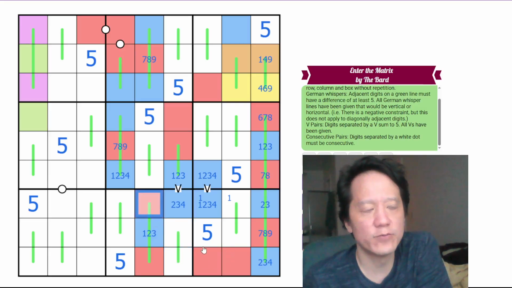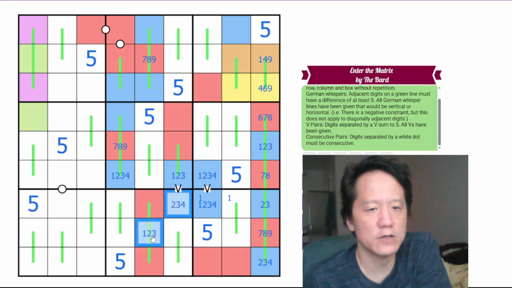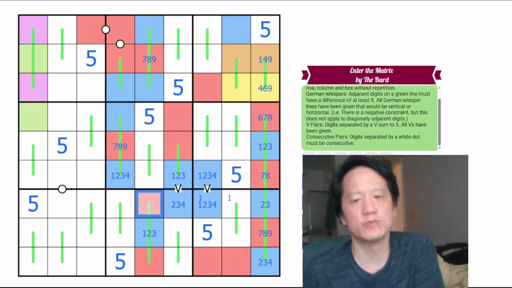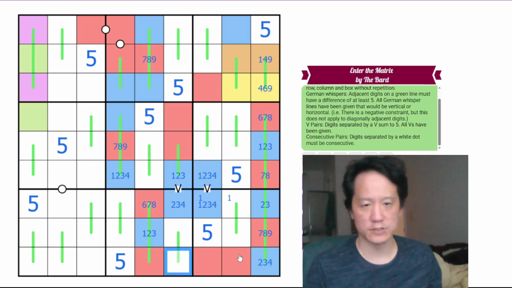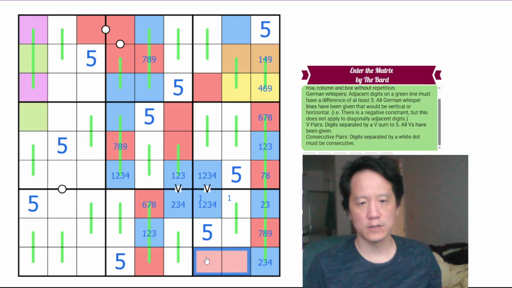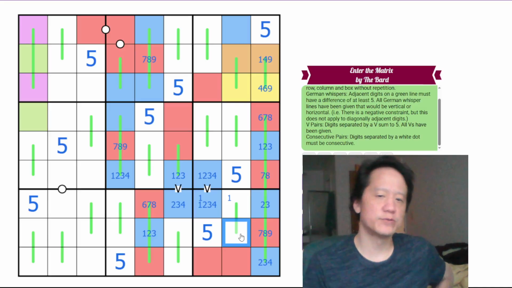This can never be 9, because it would be next to a low digit without a German whisper line between them. This could be 2, 3, or 4 here.